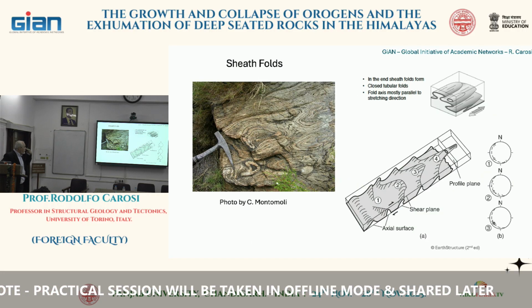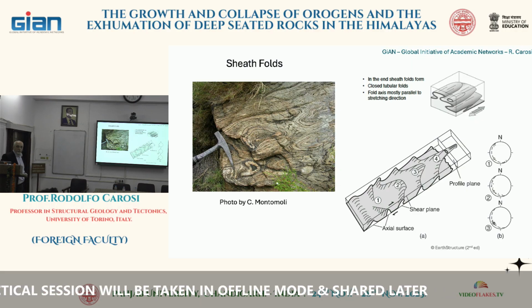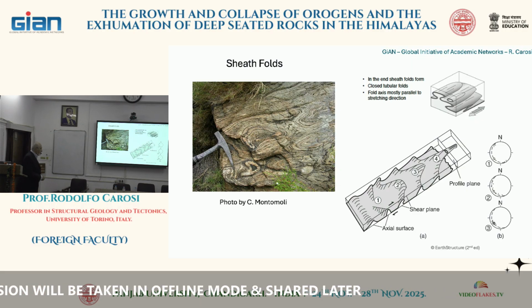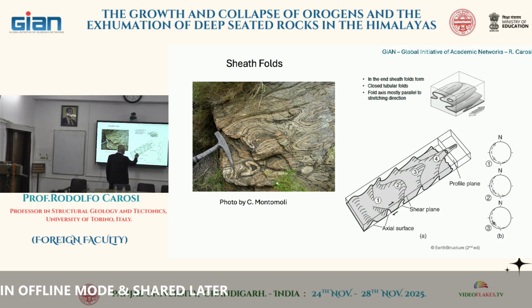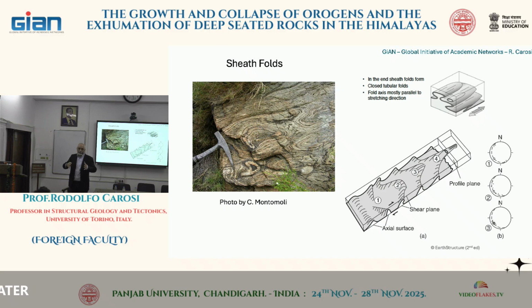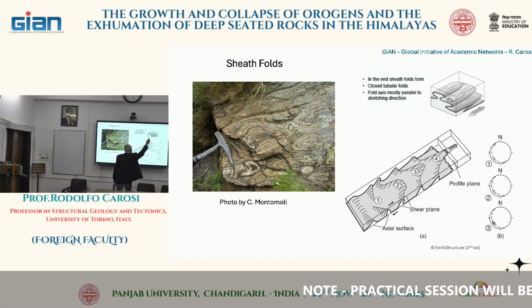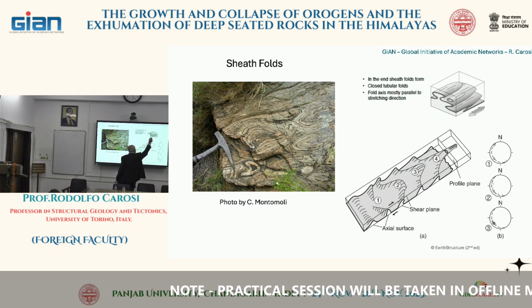Another feature of the shear zone is the occurrence of sheath folds. Sheath folds are non-cylindrical folds, with the axis of the fold completely rotated towards the direction of the extension of the shear, because the direction of extension is an attractor of the fabric. So in the end, you have an axis that is like this, rotated completely and coming back in this direction.